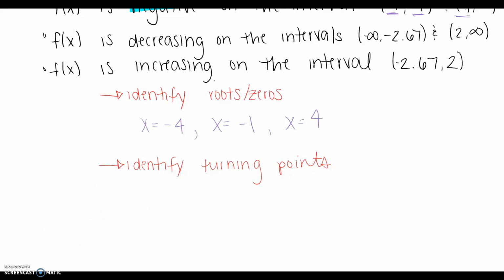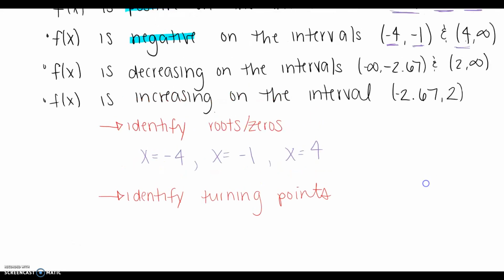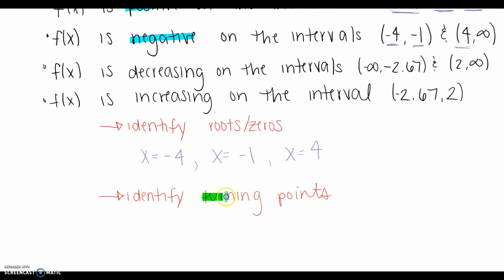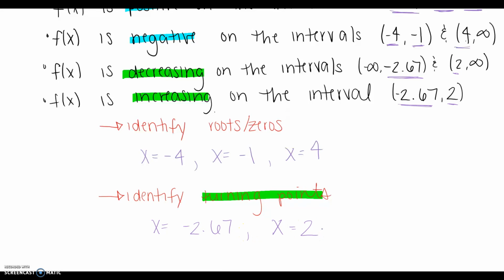So it's going to turn at negative 2.67, which we can confirm again here, and then again at 2. So it'll turn when x is negative 2.67, and it will turn again at positive 2.